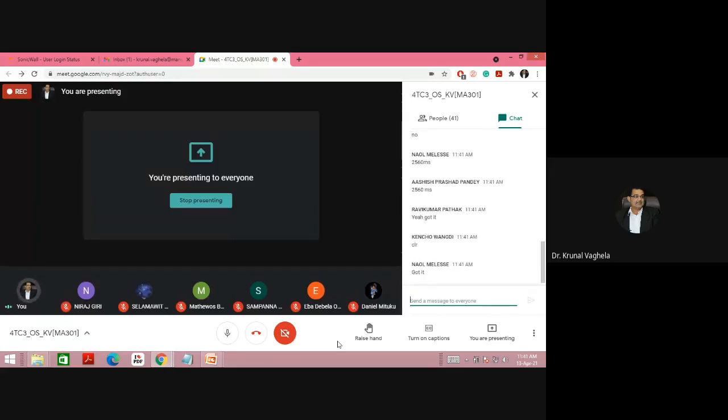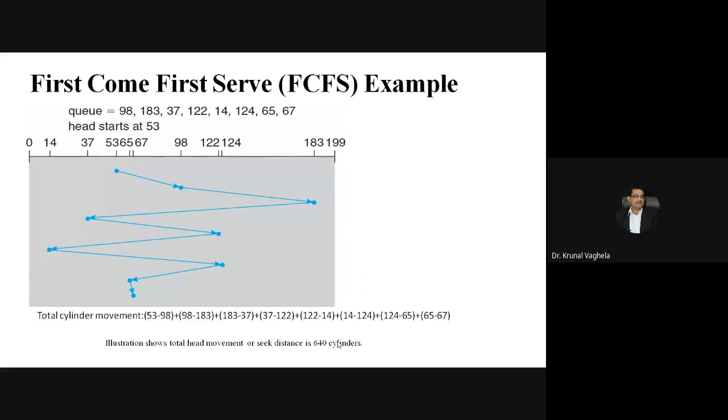You just need to find the distance between cylinders. How will you find the distance? To travel from cylinder 98 to cylinder 183, how many cylinders do you need to travel? That means 183 minus 98, right? Now to travel from 183 to 37, that is 183 minus 37, and then you need to make the total of all the cylinders.